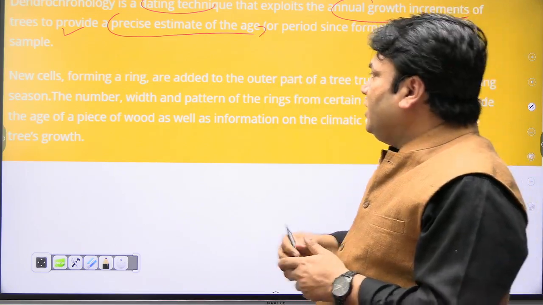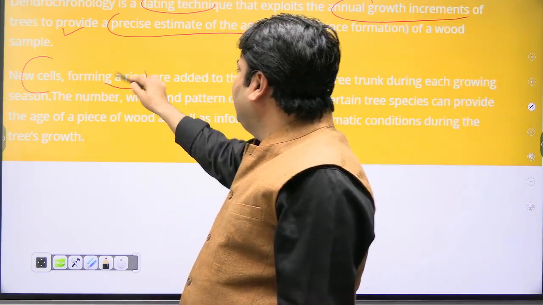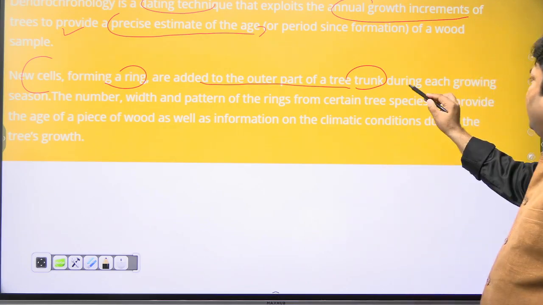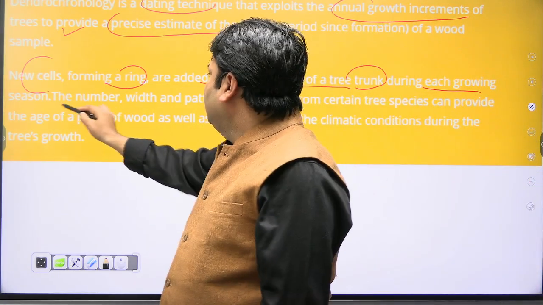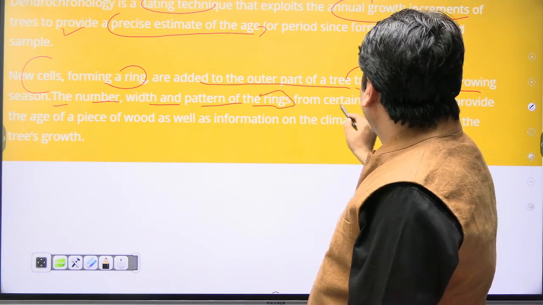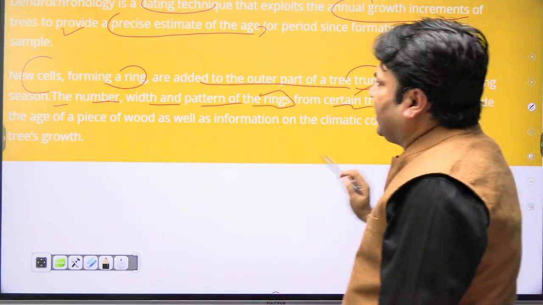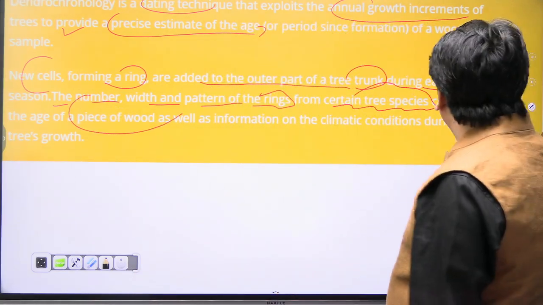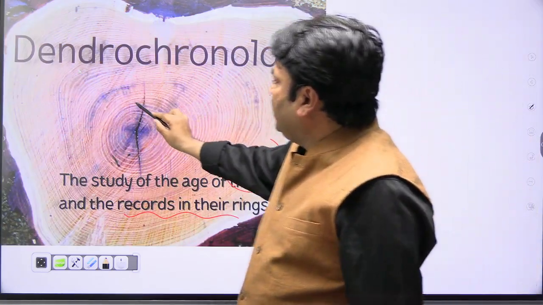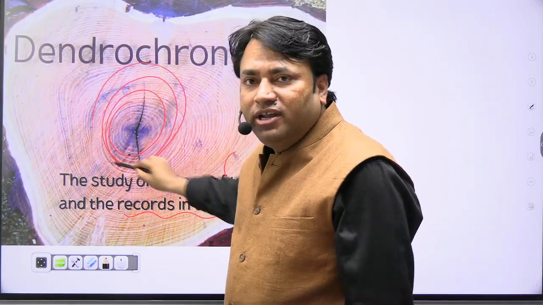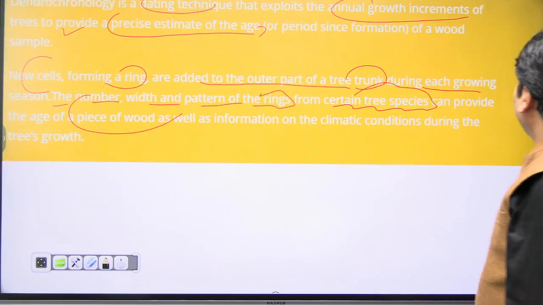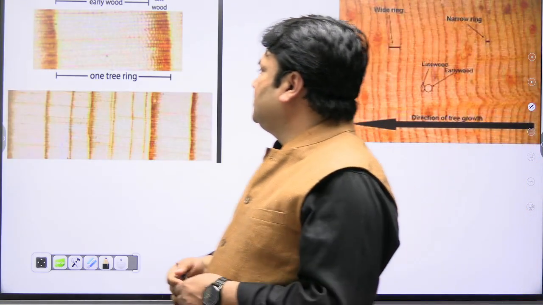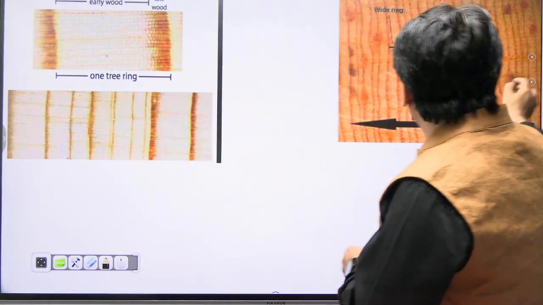New cells form a ring in the trees. They are added to the outer part of the tree trunk during each growing season. The number, width, and pattern of the rings from certain tree species can provide the age of the wood. These are the rings here that you see in the trees. When you see the trunk of the tree, you can easily see these tree rings. By studying that, the age of the wooden remains is found. So this is the structure of the tree rings.